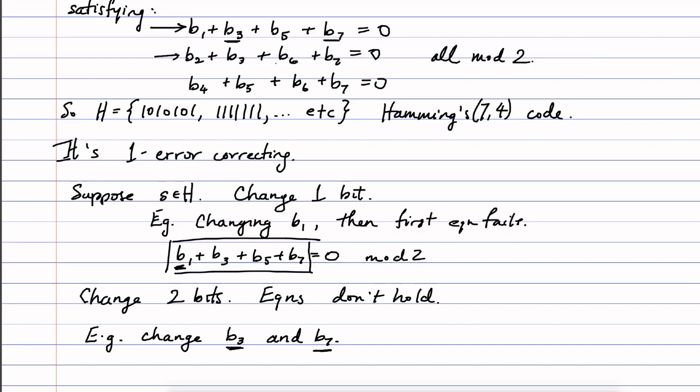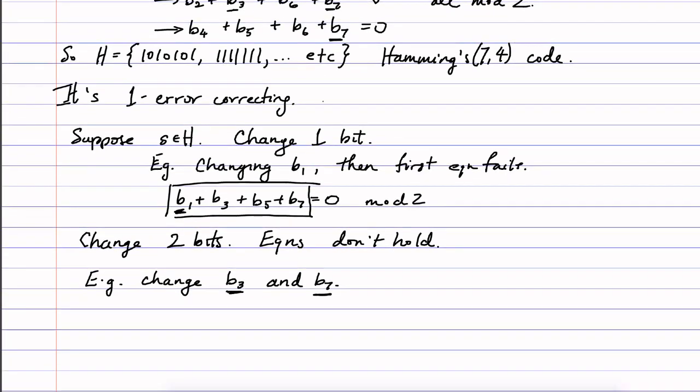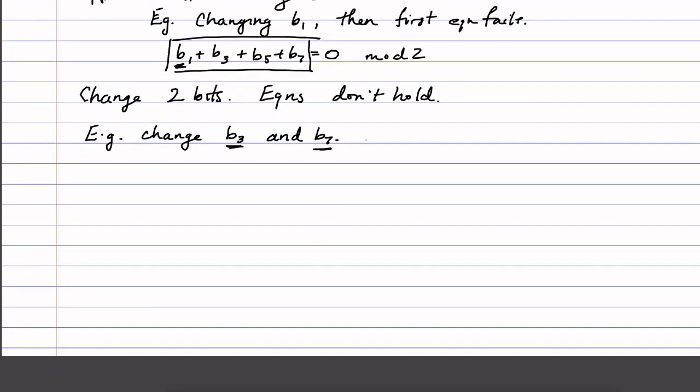Now, the second equation also has a B3 and a B7 in it, and changing both of those, again, doesn't change the parity. But now, the last equation only has one of the 2 terms in it, B7. So changing both of them only changes one term in this equation. So now the equation will fail because the parity of the expression on the left-hand side changes. So what we can see is that when we change B3 and B7, then equation 3 fails.